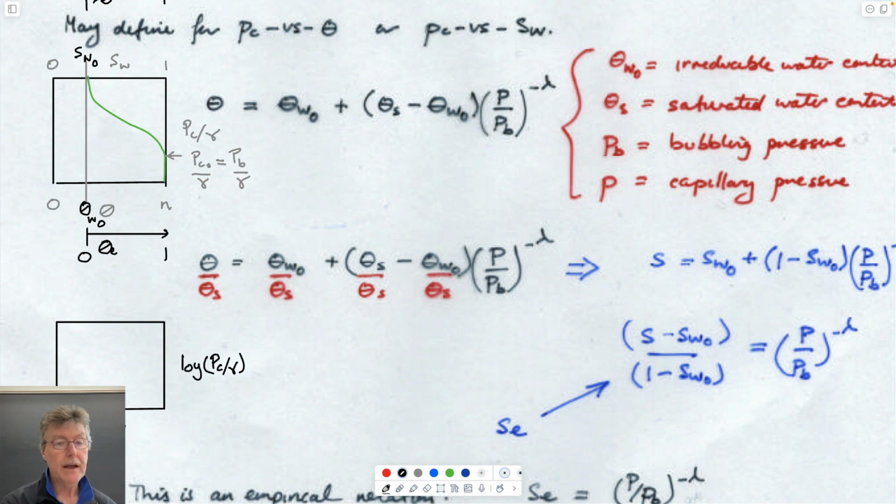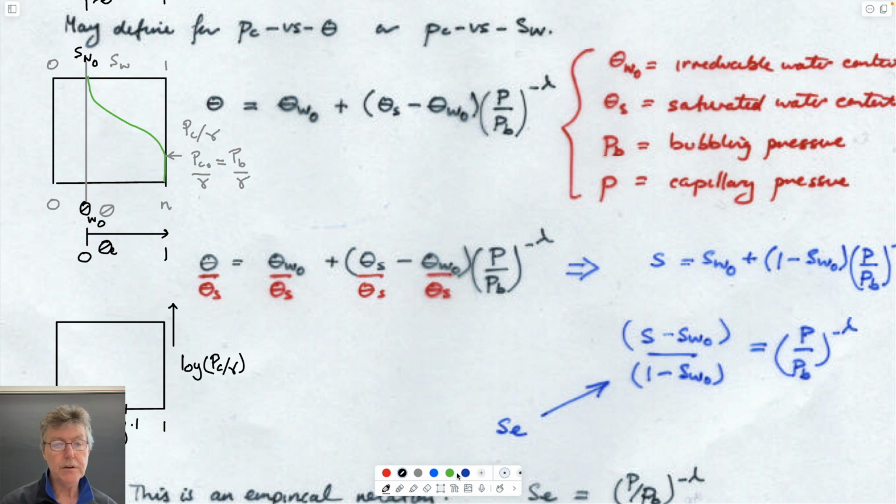And if we plot what we've called the effective saturation, which we haven't defined yet, as log saturation, that is 1, 0.1, 0.01, etc., and this is increasing numbers.